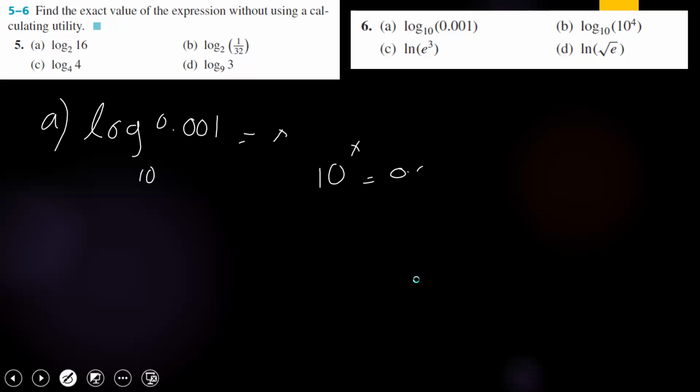is 0.001. Now then, I want to write 0.001 as 10 to the power something. And all of us know that it is 1 over 1000.